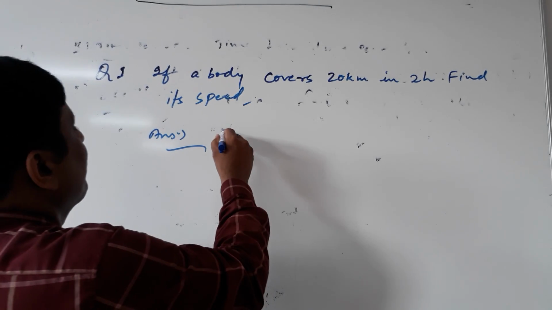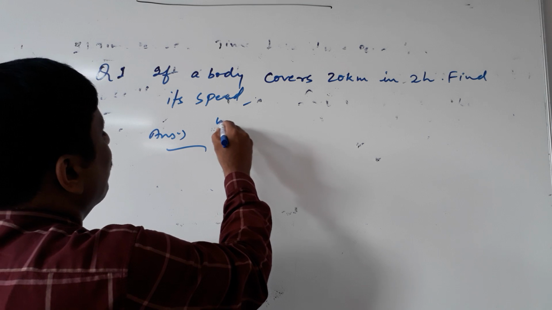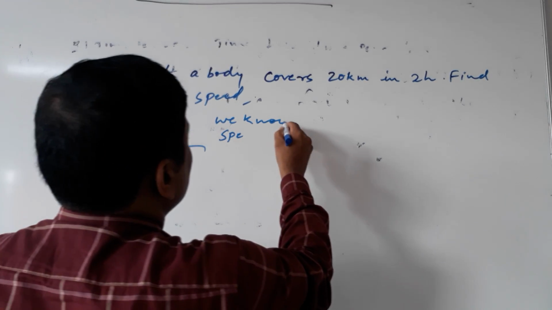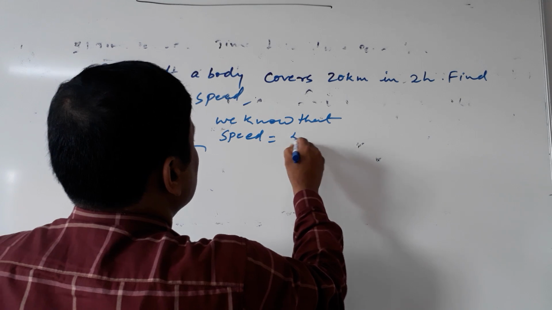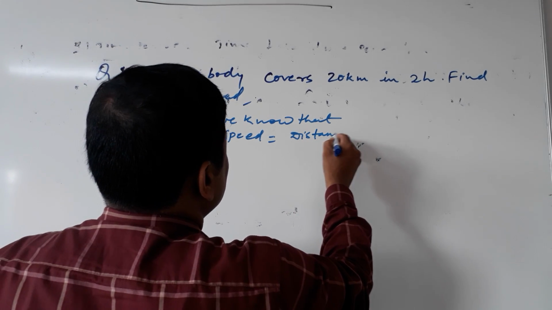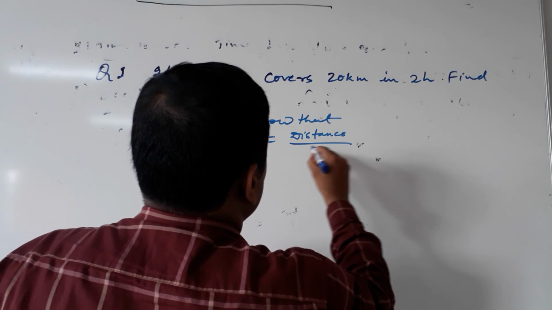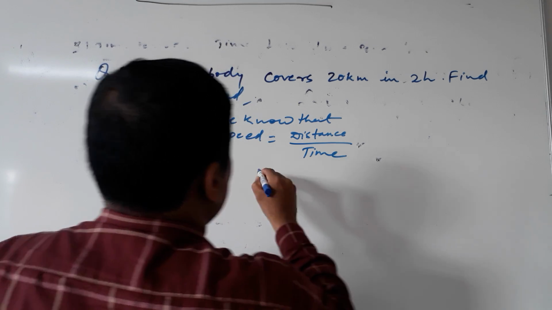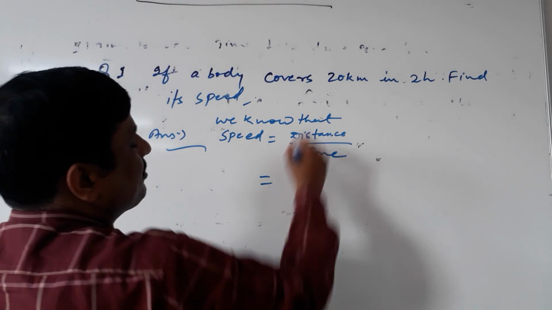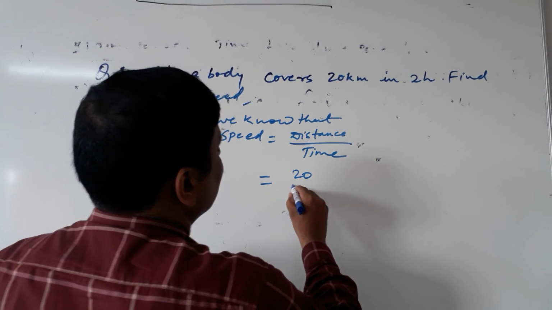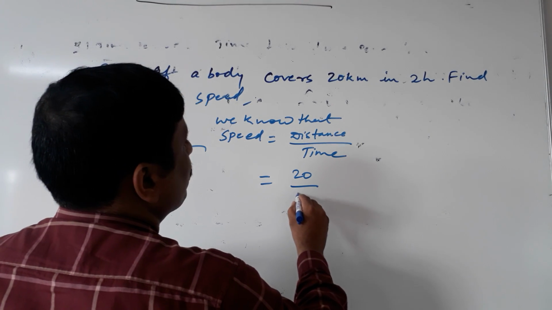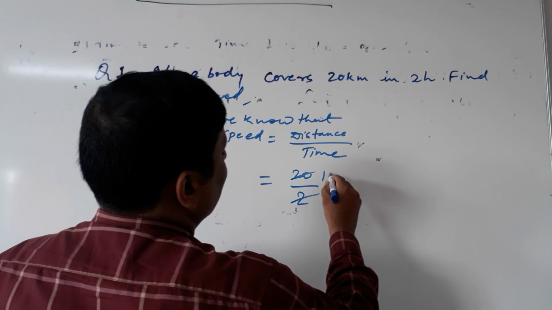By using the formula. We know that speed is equal to distance by time. Distance given here is 20 kilometer and time is 2 hours. 20 by 2, two tens are 20.